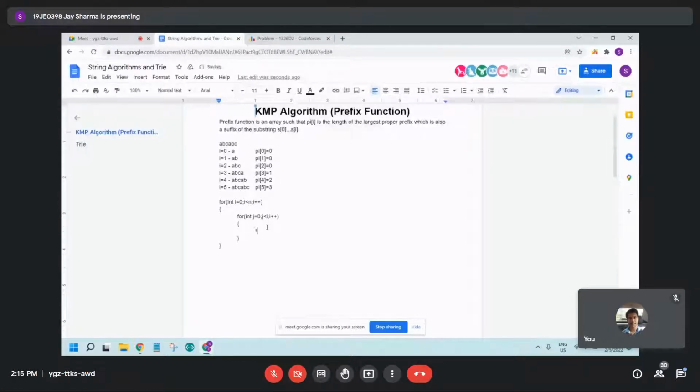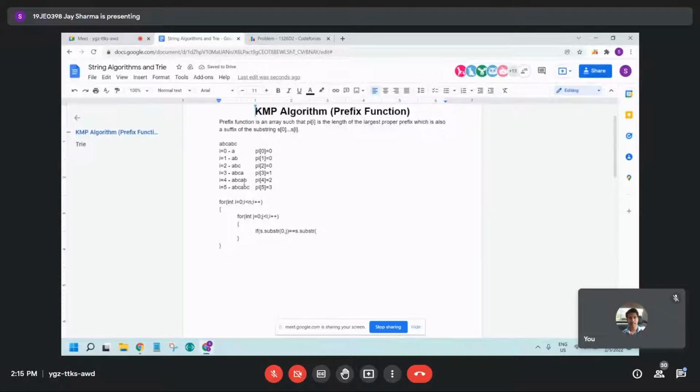Then we'll simply check whether this is a prefix or not. So if s dot substring, which in case you don't know is an inbuilt function for finding the substring, we are considering the j length prefix of this substring, so s dot substring 0 to j, if that is equal to s dot substring of the suffix.